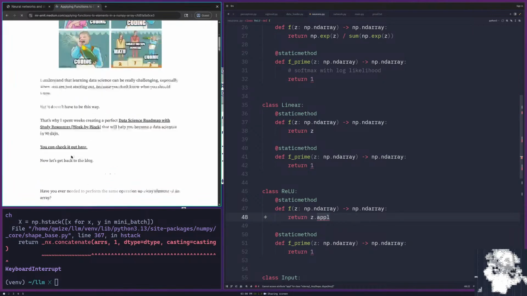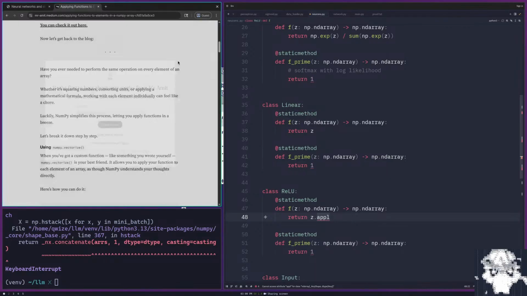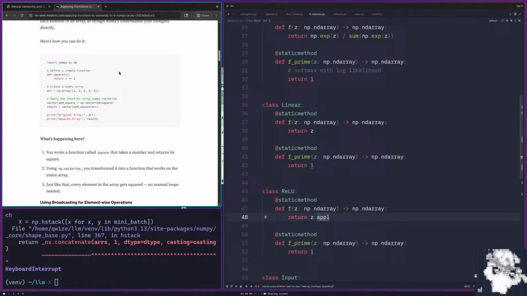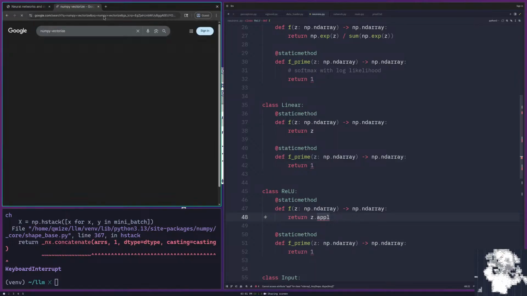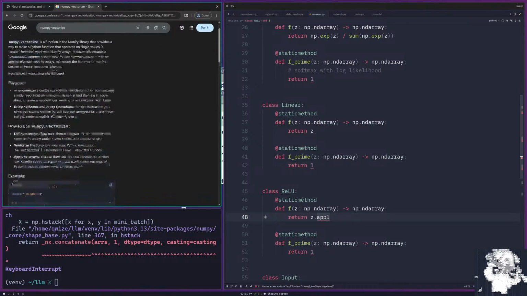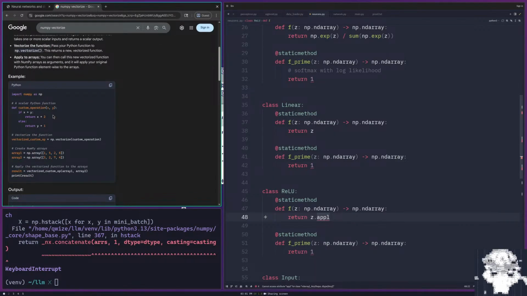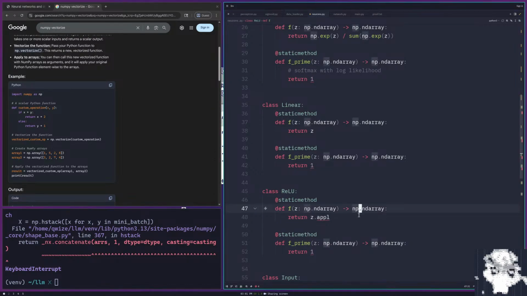Yeah, this is what I want. So I can just do numpy.vectorize. Okay.